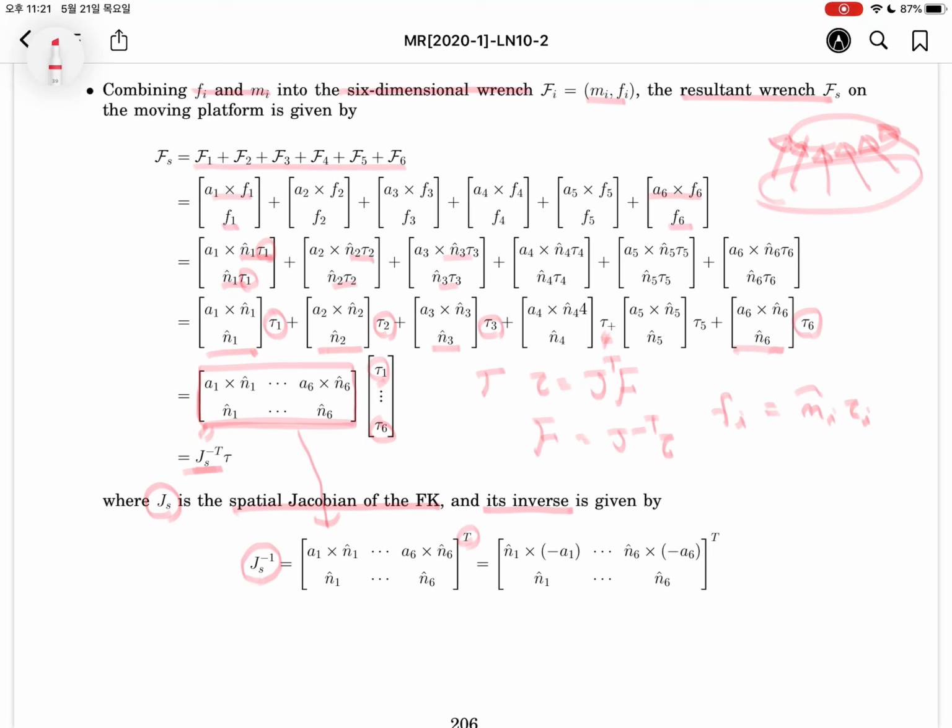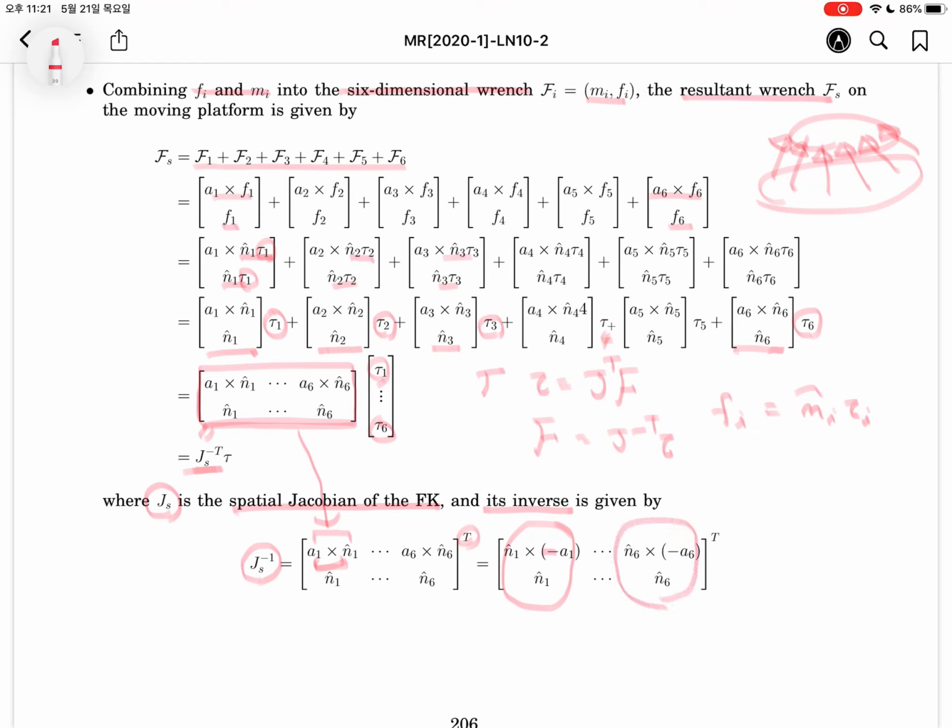Okay, you know in the case of the cross product, if you exchange the vectors with each other, then a minus sign is required, right? The direction is converted into the opposite direction. So if you exchange them, then a minus sign is required. Okay, it represents the screw of the first leg.